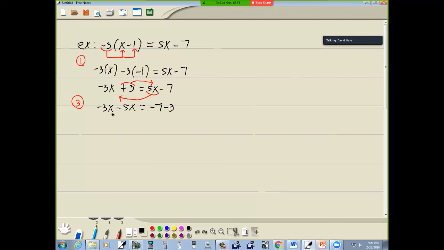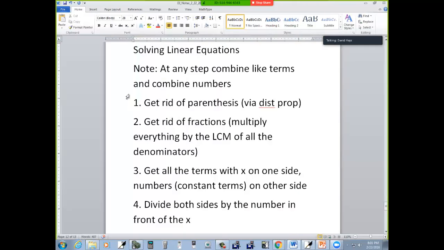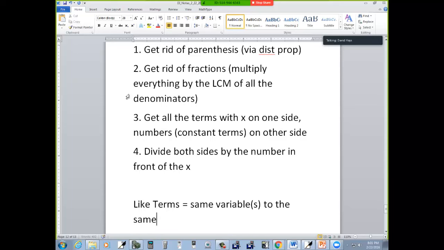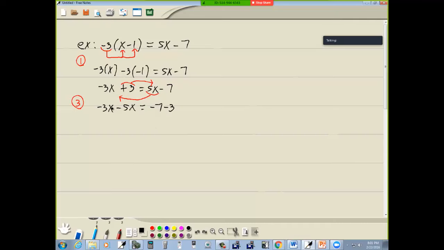Now, at any step, combine together like terms. Let's talk about what a like term is. Like terms is where you have the same variables to the same powers. Now these are both x to the first power, so these would be considered like terms.